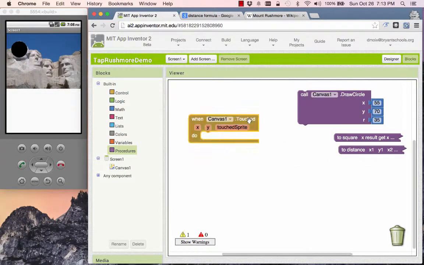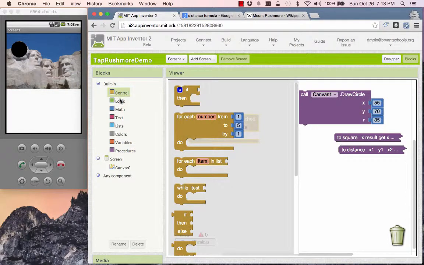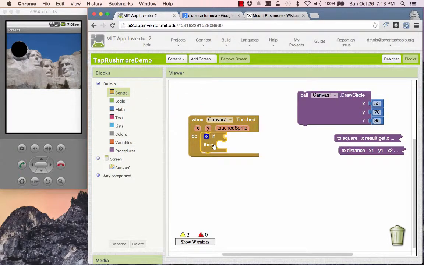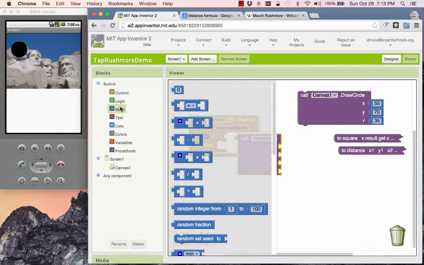Now, what was the algorithm to figure out if our touch was in the circle? The algorithm is if the distance between the center of the circle and the touched location is less than the radius. So let's just do this. So we need an if then, and then we need a distance. If the distance is less than or equal to, so where do we get our less than or equal to?